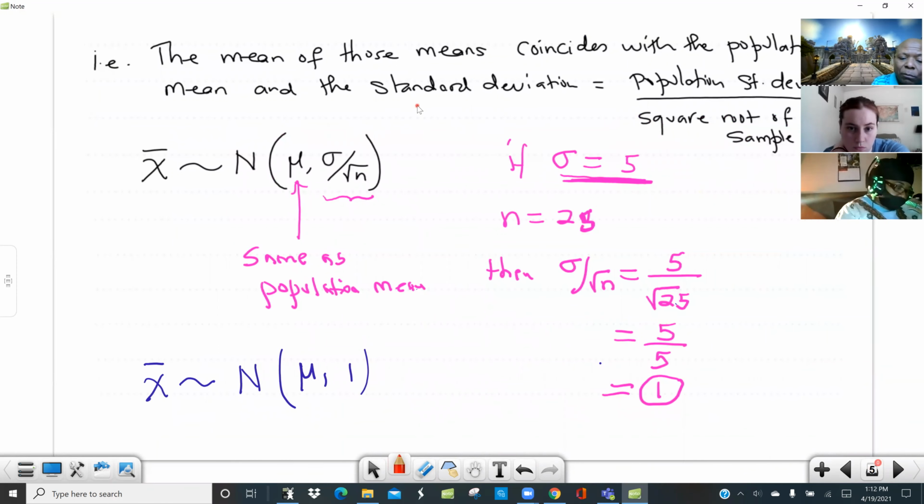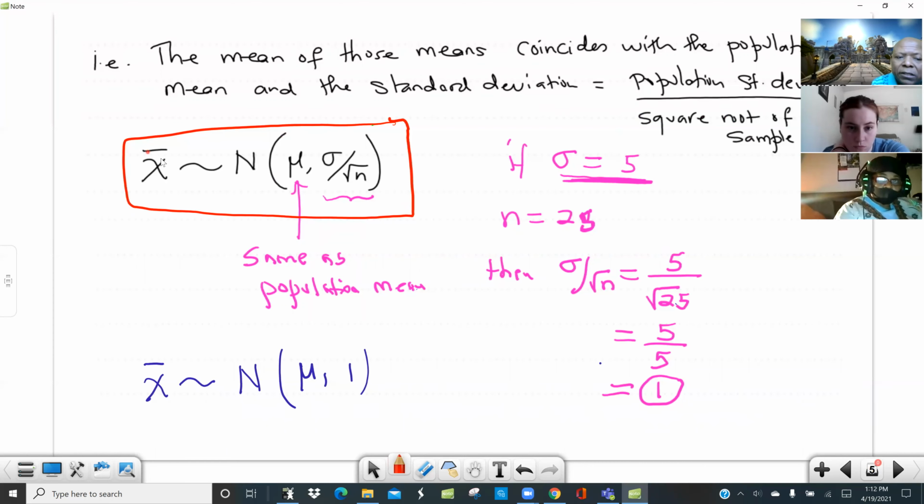So symbolically, here's what we write. When you see this thing that I'm boxing up here, we are saying that the sample means follow a normal distribution, the mean of which is the same as the population mean, and the standard deviation is obtained by dividing the population standard deviation by the square root of the sample size.